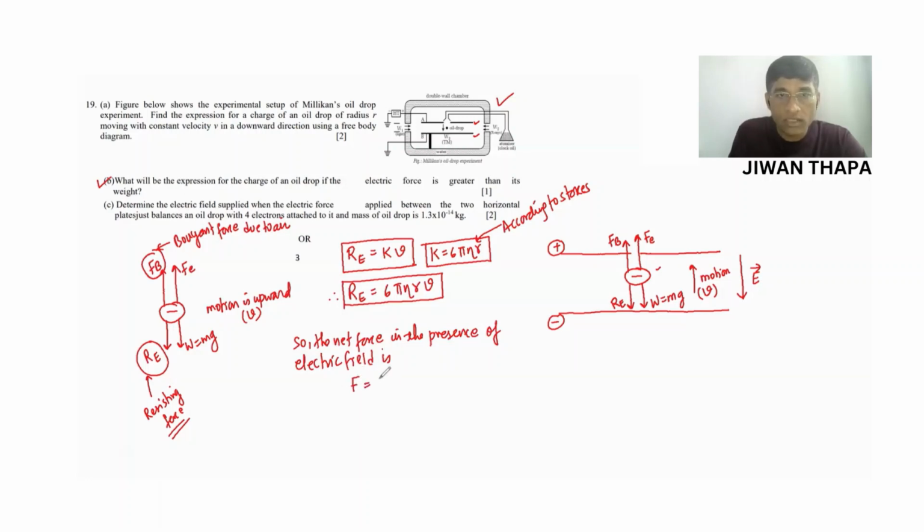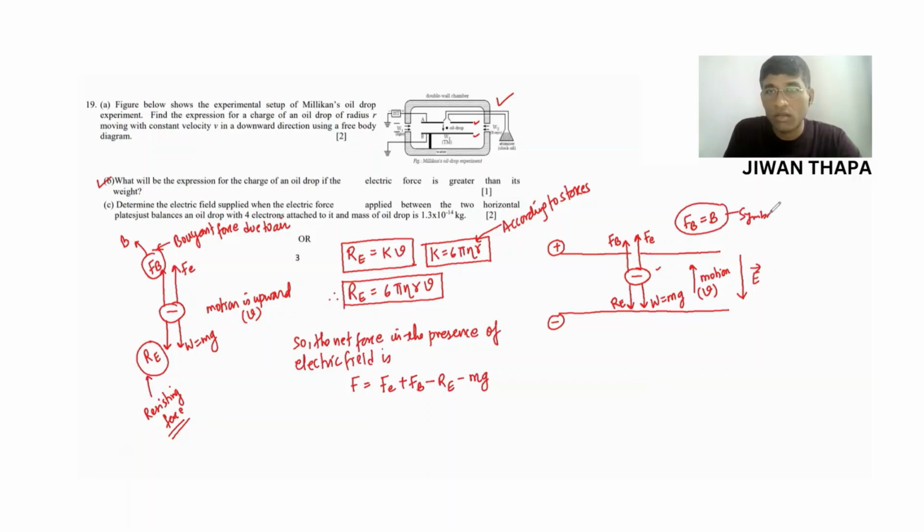F equals Fe plus buoyant force Fb, minus Re, minus mg. We can also write the buoyant force by the symbol capital B. You can use this symbol also. So I'm writing over here Fb.